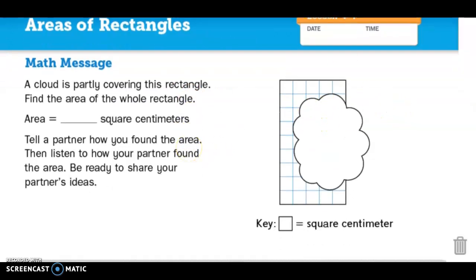Okay, one of our strategies to find area is we could count each individual square, right? Normally we could go 1, 2, 3, 4, 5, 6, 7, 8, 9, 10, 11, 12. Oh no, how many are in the cloud? So one strategy could be that we take our lines and we fill them in, right?